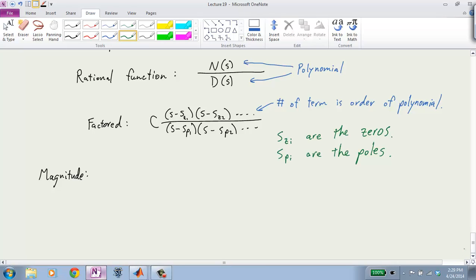Let's look for a moment at what the magnitude of such a thing is. The magnitude is going to be the magnitude of C times, and remember, magnitudes multiply, so it's the magnitudes of each of these terms multiplied together.